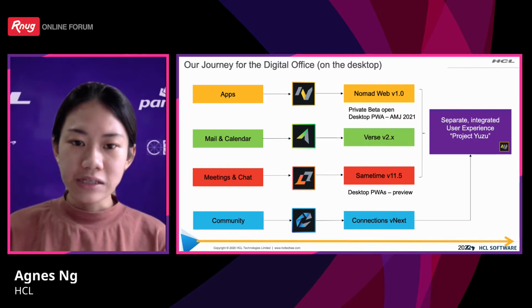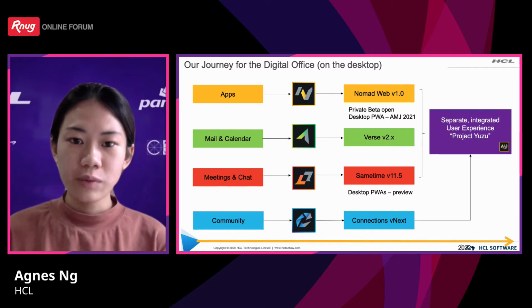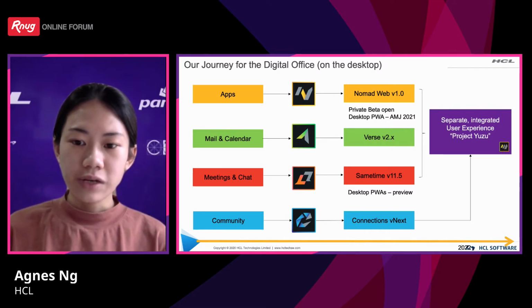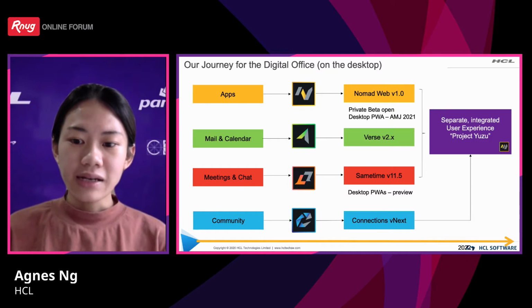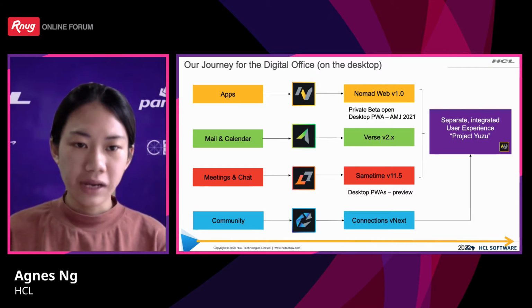And at the end, you can see on the right-hand side the purple box, which shows that we are going to unify all these products into one product called Project Yuzu. If you want to know more about what Project Yuzu is, please see the presentation that Andrew Manby did on Monday. He talked about the journey for the digital office and also the integration between the PWAs.